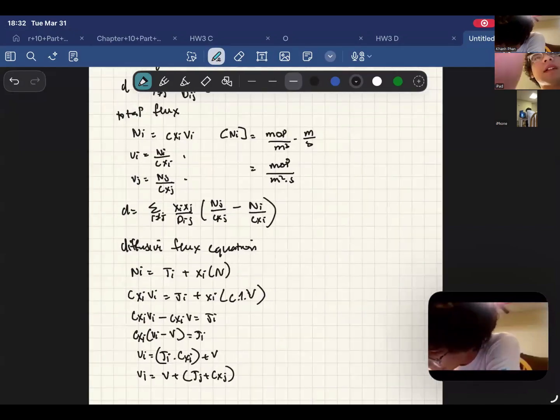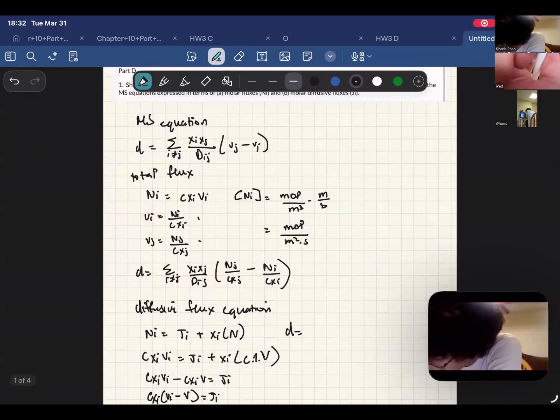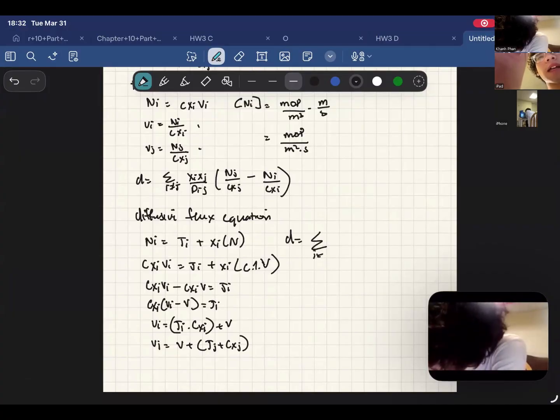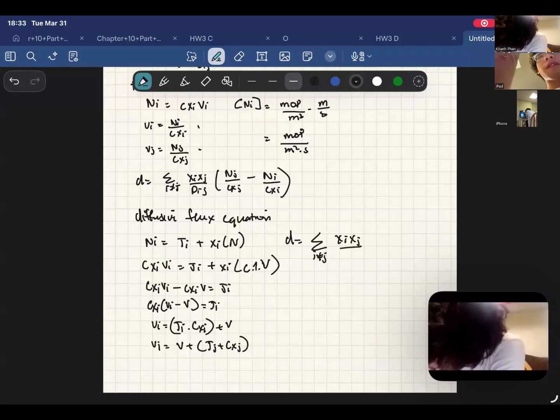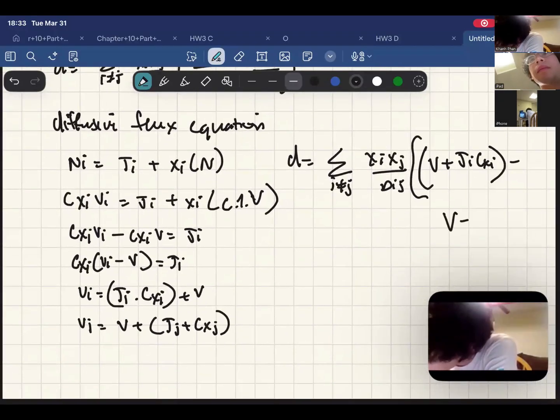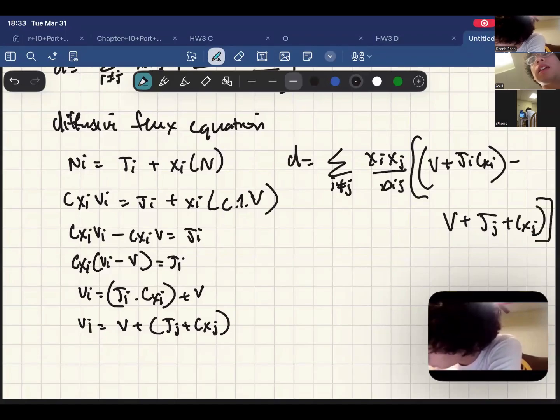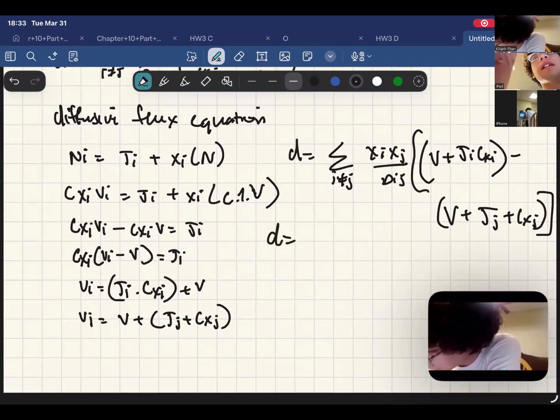We would have the driving force equal to the sum where i is not equal to j of x_i x_j over the diffusion coefficient of both species, times v plus J_i over c x_i, minus v plus J_j over c x_j. So we can get rid of v.